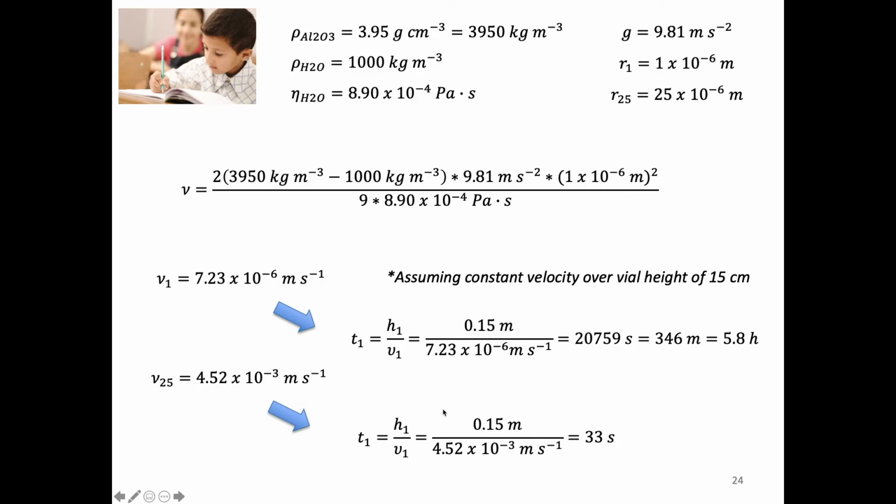So if we measured a time it took to fall the distance of the vial of 33 seconds, then that would tell us that we have a close to 25 micron particle. And if it took closer to 6 hours, then we would know that we have 1 micron particles, right? So the time it takes tells us the size of the particle. That's the way we can do that calculation.